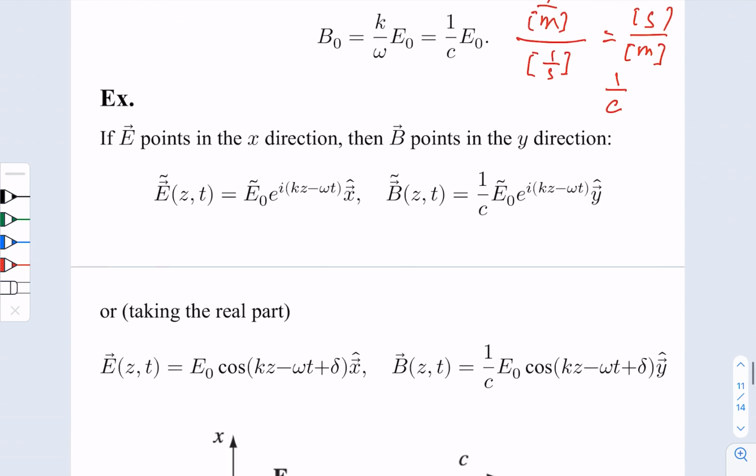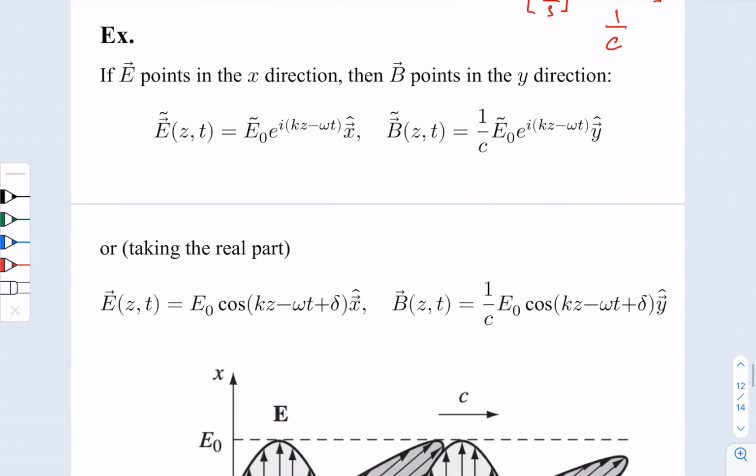Now, I guess I have already talked about this example. Here is the explicit expression for what I just talked about. For an electric field pointing along the x direction, the B field must be exactly along the y direction.